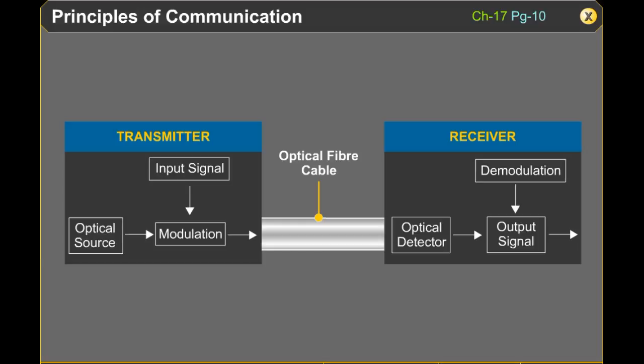At the receiver, the modulated optical signal is detected by an optical detector. It converts the optical modulated signal into an electrical signal. This signal is further decoded, and the original information signal, that is the analog signal, is reconstructed, which is then received at the destination.